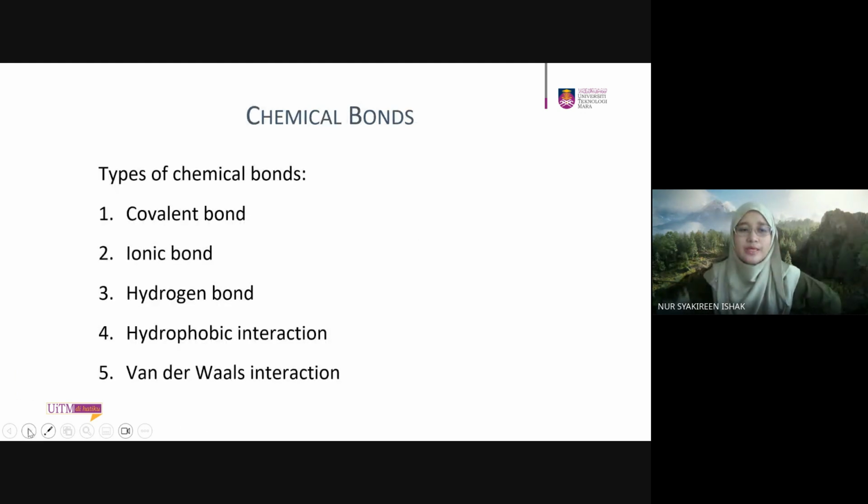So types of chemical bonds, we have covalent bonds, ionic bonds, hydrogen bonds, hydrophobic interactions, and also van der Waals interactions. These are the five bonds that you have to know. You have to know how the bond is formed, whether the bond is between atoms in a molecule or between molecules.